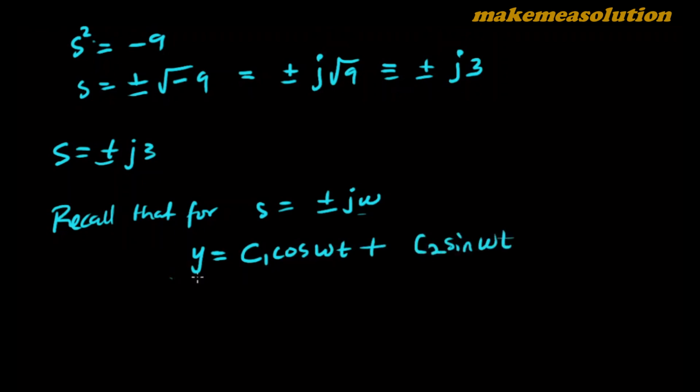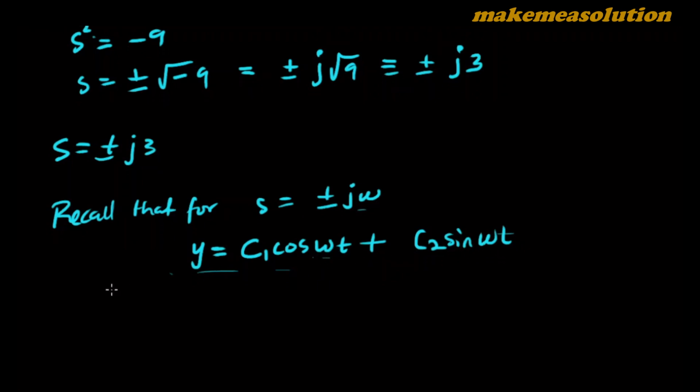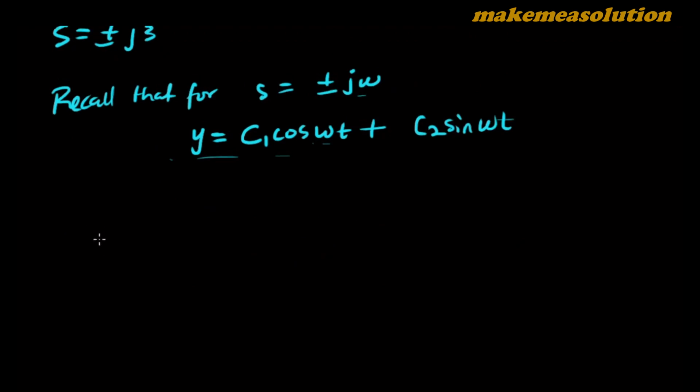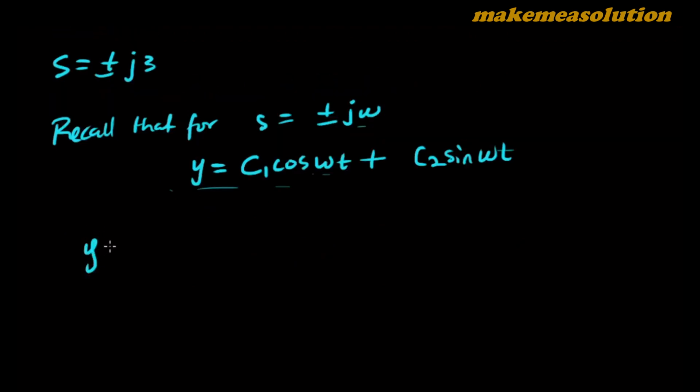So this is the general solution anytime you have complex roots with only imaginary parts, no real parts. The real part is actually given to an exponential term, and the imaginary part is given as the frequency parameter of your trigonometric terms. So what you just need to do for this particular problem to round up is that y is equal to c1 cos 3t plus c2 sine 3t.